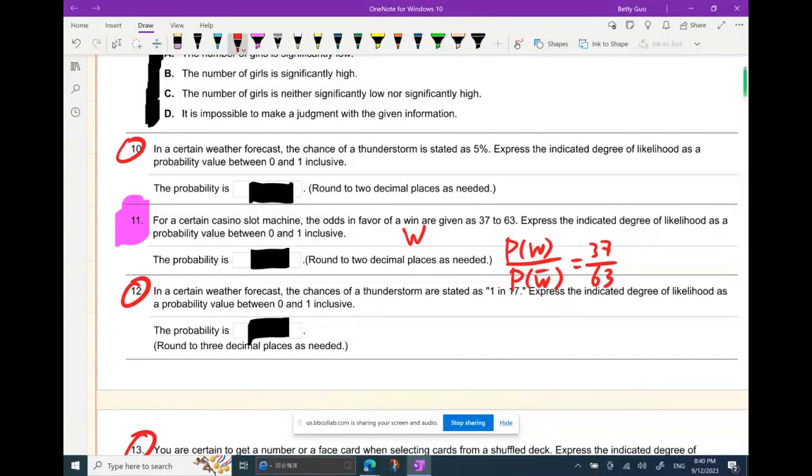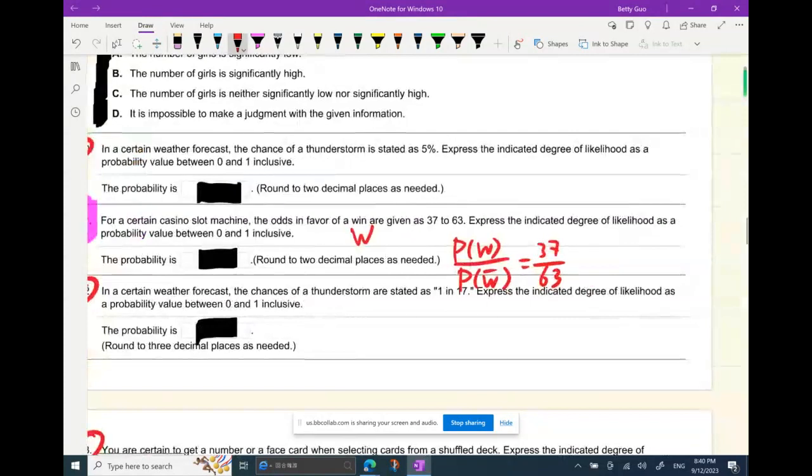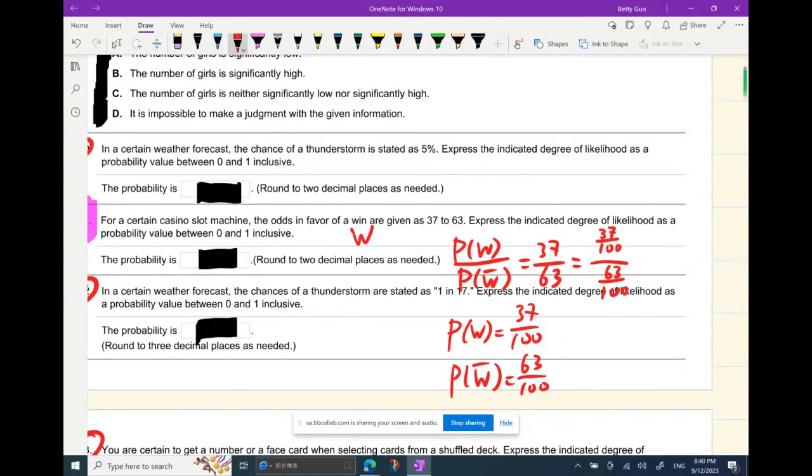And how do we find the probability though? If we divide both top and bottom by 100, then we would have P of W equals 37 over 100, and P of W bar equals 63 over 100.